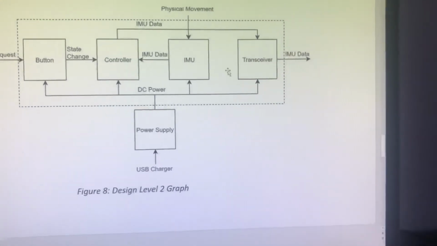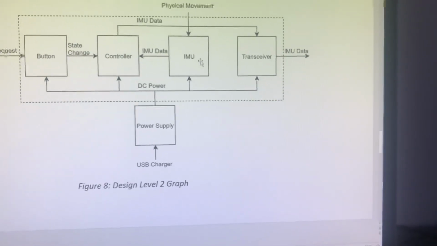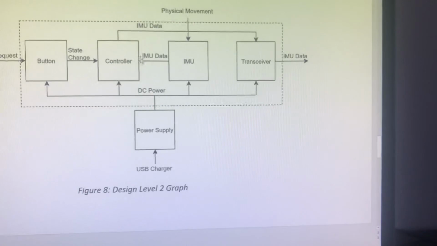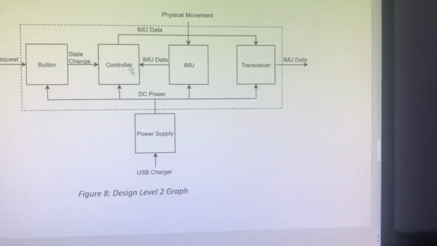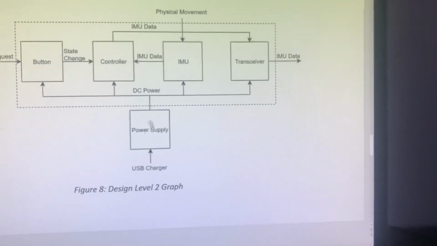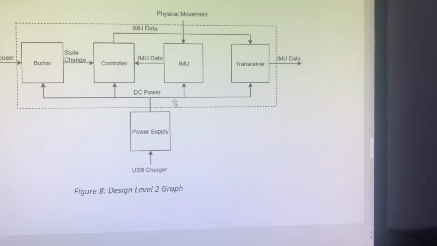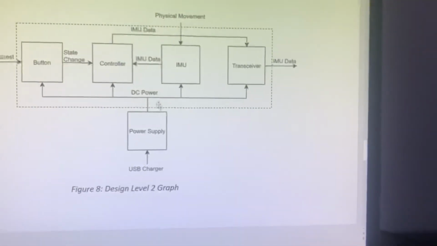We need a physical movement to start the IMU, because without that we don't have enough data. After that it will send to the controller. The controller will send to the receiver. We need to power them all by the DC power battery. After that the transceiver will give us IMU data.